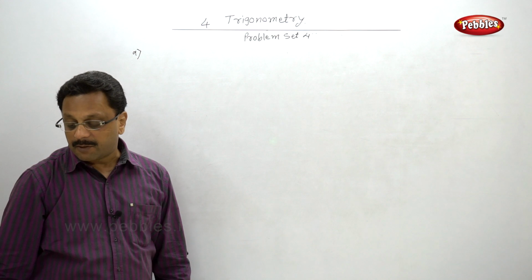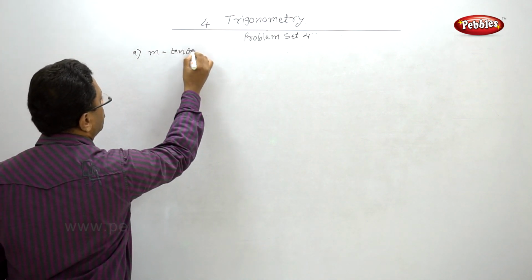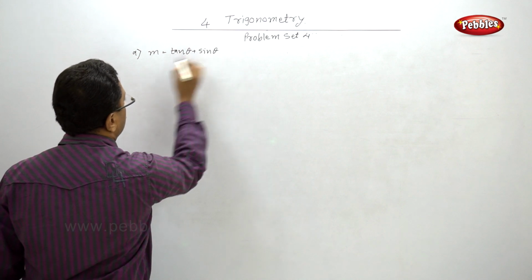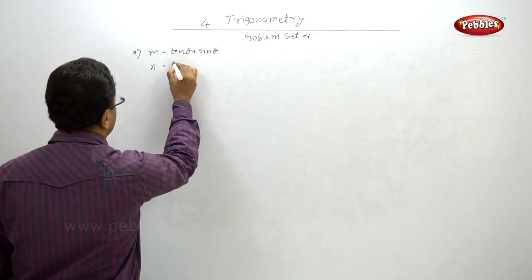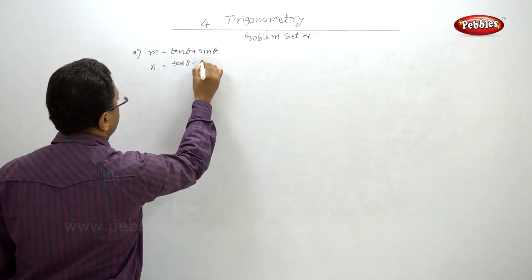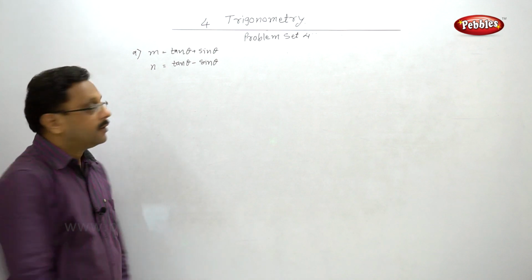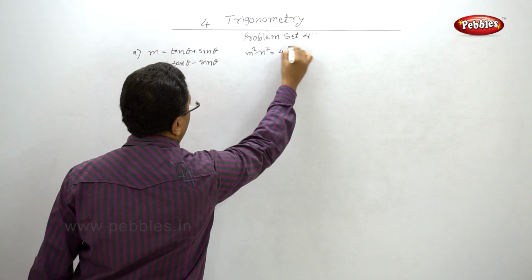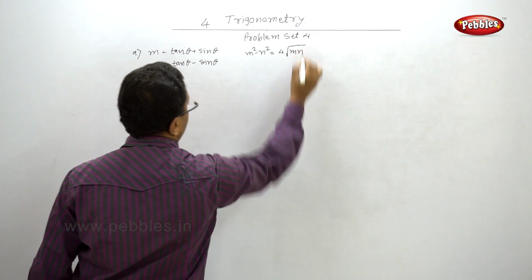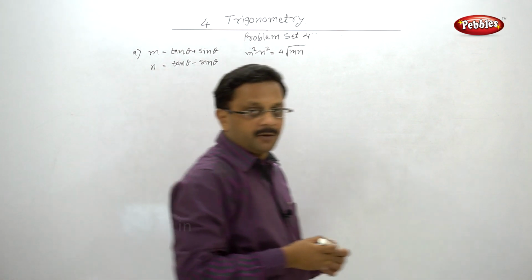If m is equal to tan theta plus sin theta and n is equal to tan theta minus sin theta, show that m square minus n square is equal to 4 root mn. Simple example.